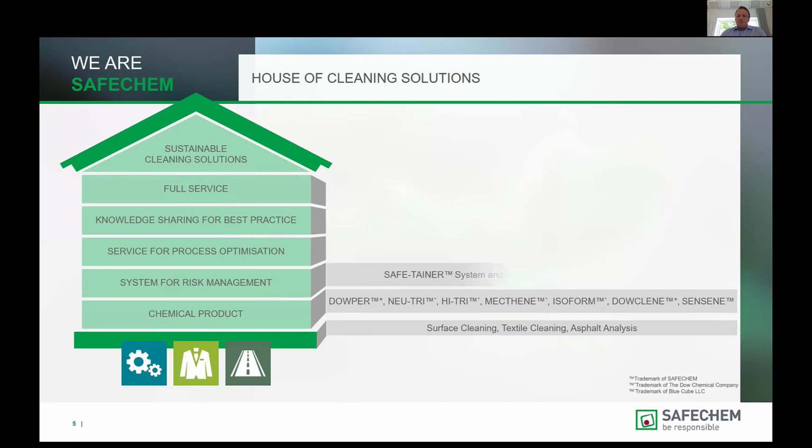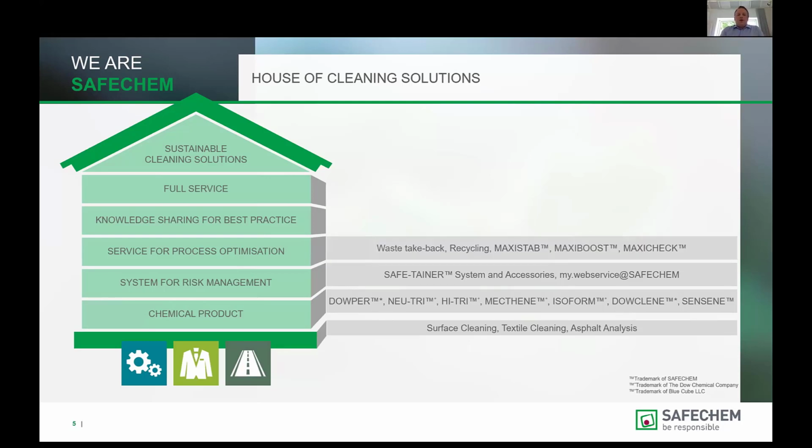And the first service element, if you like, is the SafeTainer system, a specially designed safety container system for virtually emission-free transfer of the solvent in and out of the machine, safe storage, and safe transport, so that there are virtually no emissions to the environment.